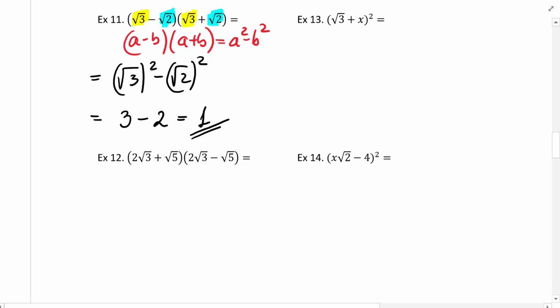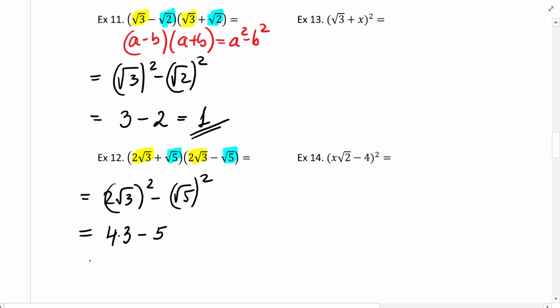If you take a look at problem 12, you should identify the same formula again, a plus b, a minus b. So a plus b times a minus b, it's a squared, so 2 square root of 3 squared minus square root of 5 squared. Now squared means you multiply the number by itself. So 2 square root of 3 times 2 square root of 3, it's 4 times 3.